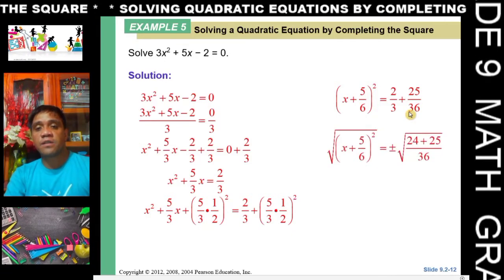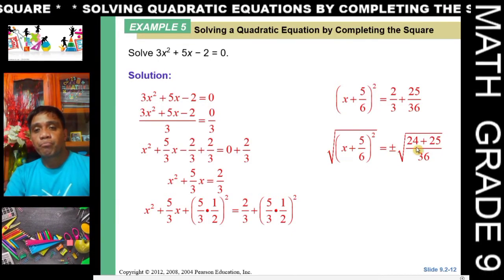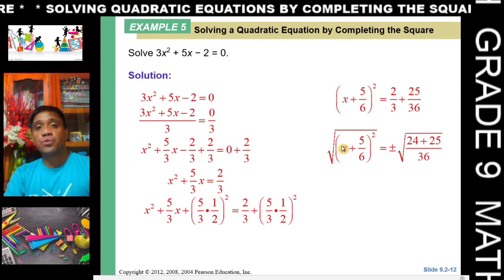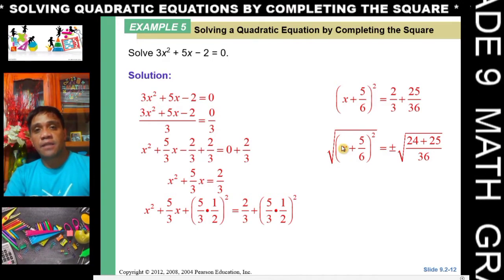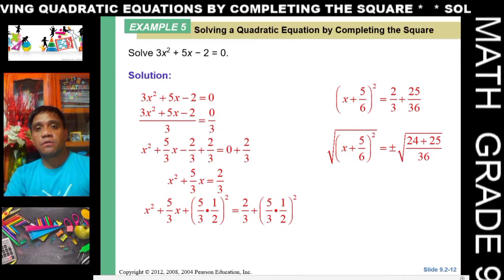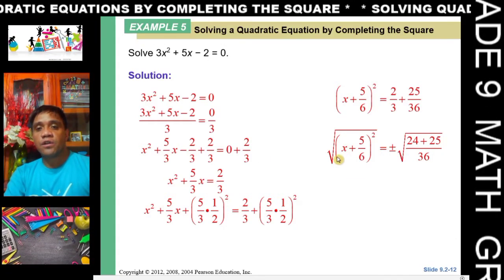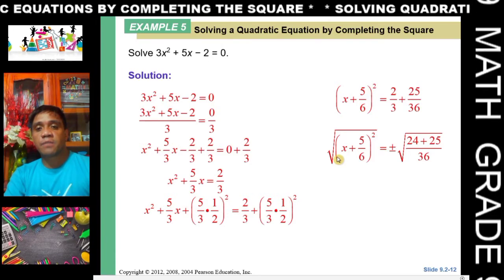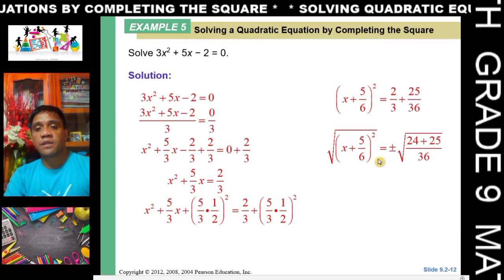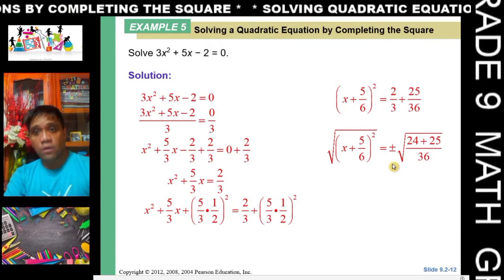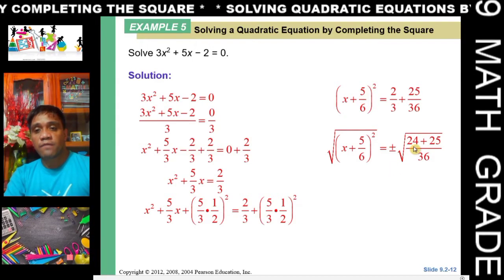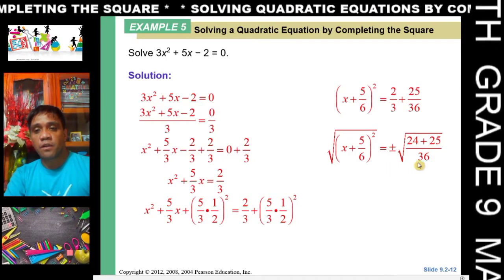Then after which we do the next step, and that is taking the square root, or using the square root property. So the square root of the quantity x plus 5 over 6 squared is equal to plus or minus the square root of... How did it become 24 plus 25 all over 36?